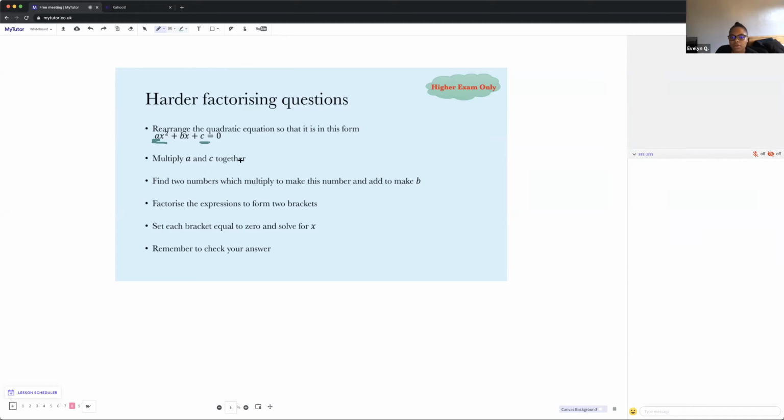And then I'm going to split my bx, factorize the expressions to form two brackets and set each bracket equal to 0, just like before, and solve. And then remember to check your answer at the end. So you can always substitute it to make sure that you check that it is the correct answers. We're going to go through an example and then I'll let you have a go yourself.